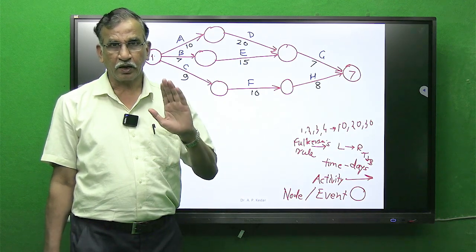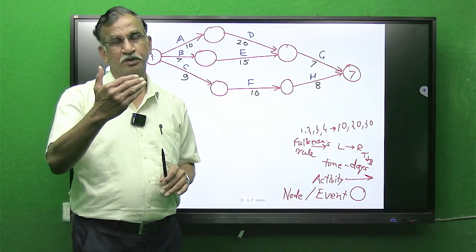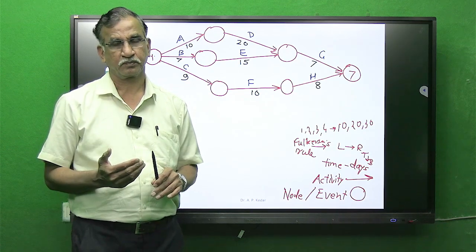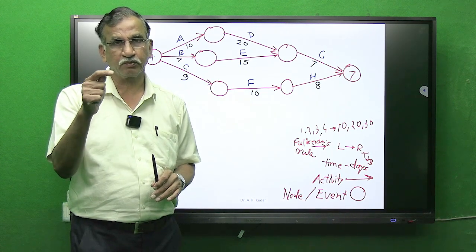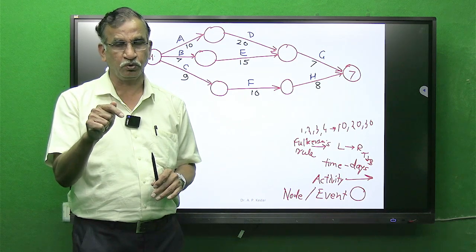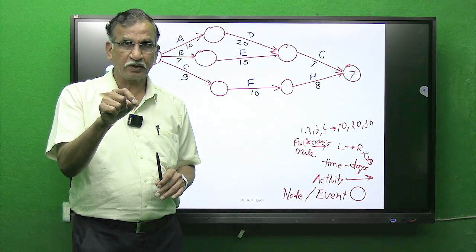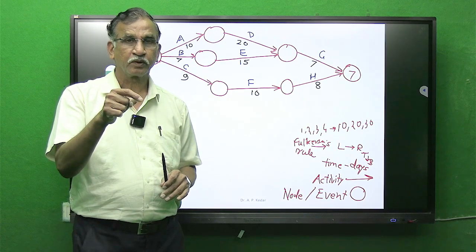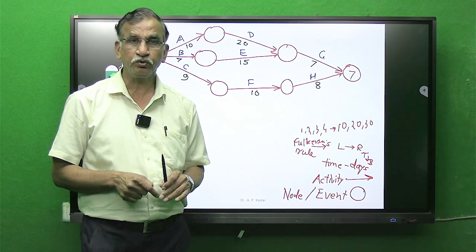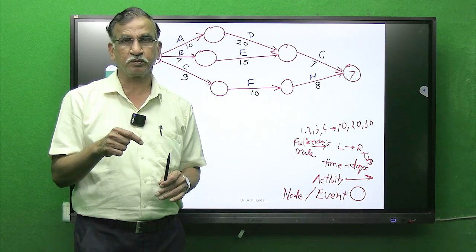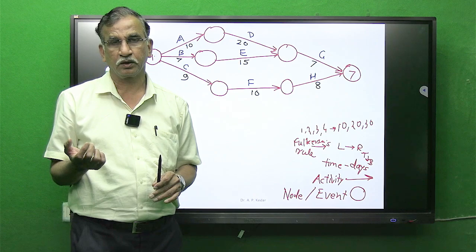Now what I have explained in my earlier lecture, while numbering subsequent events, again I am reminding, as per Fulkerson's rule, see that that particular event has only outgoing arrows. Now you may say, sir, how is it possible that in-between events will have only outgoing arrows?